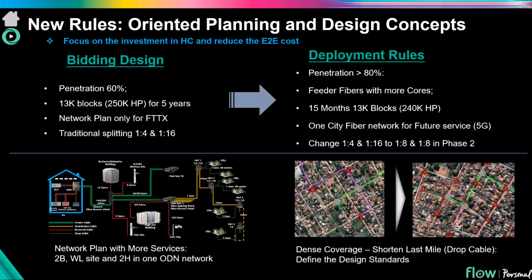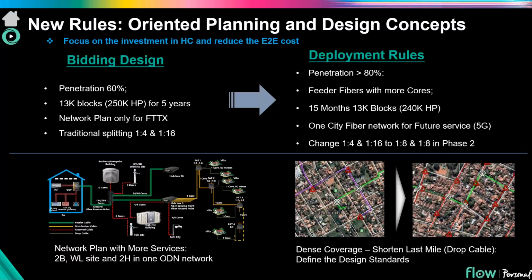First, Personal has widely learned industry experience, defining the future-oriented network planning and design concept, and focused on reducing end-to-end investment, especially home connection costs. In the latest planning, the penetration rate of network planning has increased from 60 to 80%, from FTTx services only to full service coverage, effectively reducing the repeated construction caused by insufficient ports and supporting the business evolution in the future.